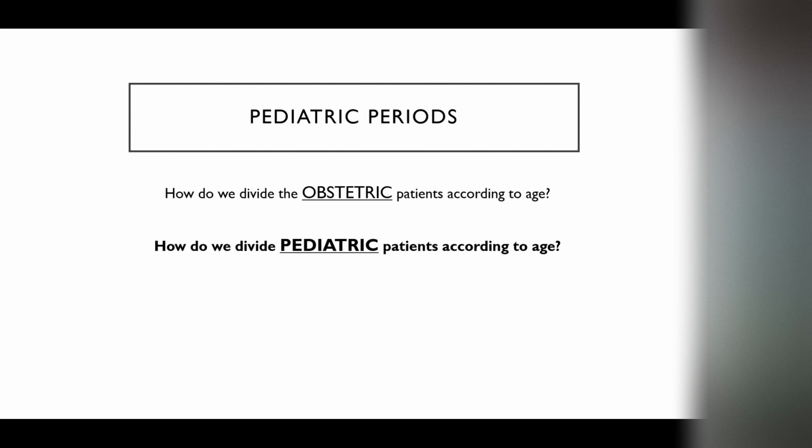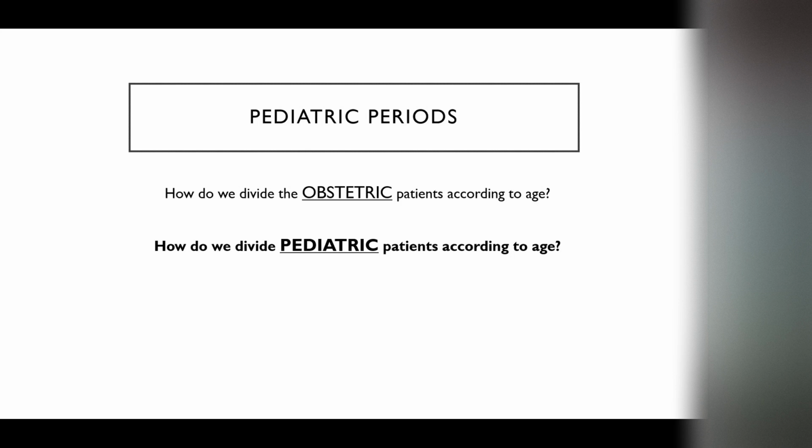Now let's go to our pediatrics. Okay, so how do we divide the pediatric patients according to age? So we said obstetrics is our preterms, postterms, blah, blah, blah. And our pediatrics after birth, we have... What does it mean prenatal? So it's not prenatal because the pediatrician takes the baby from birth.